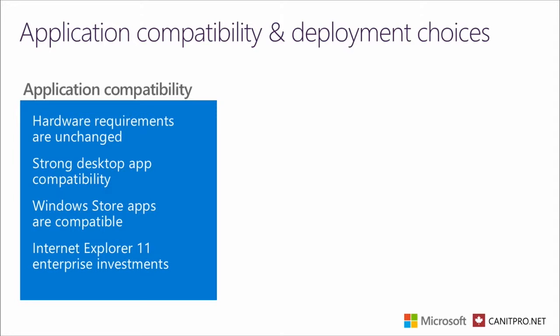I have requirements for Internet Explorer 11 in an enterprise mode deployment to make sure that, as we said, both the Edge browser and IE 11 will be available to run on Windows 10, and I may have to invoke that capability and ensure that that's not broken in future when future updates for even IE 11 come into play. Also, ensuring that applications in the store are also compatible with my deployment.